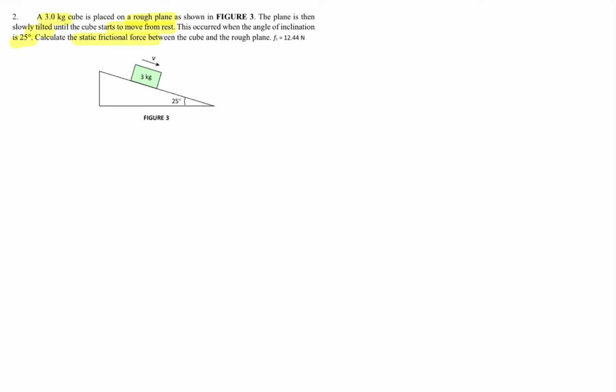So now what you have here is your mass, you write down the information given, 3 kilogram. Your u will be equal to 0 meters per second, initial velocity, your theta actually is 25 degrees.